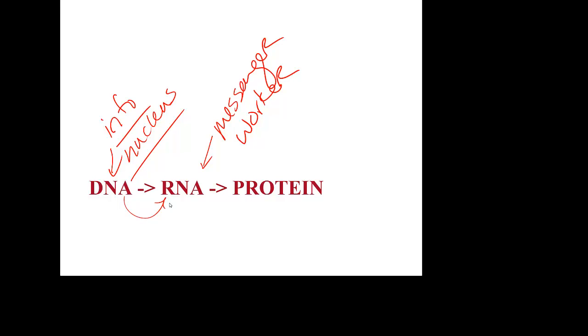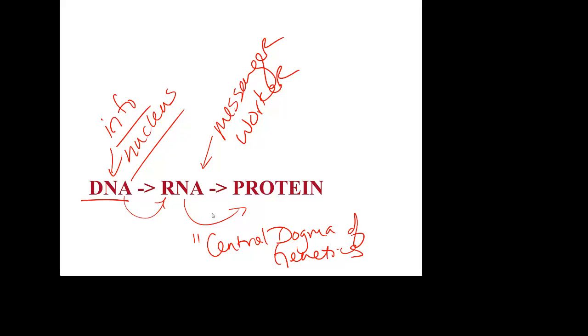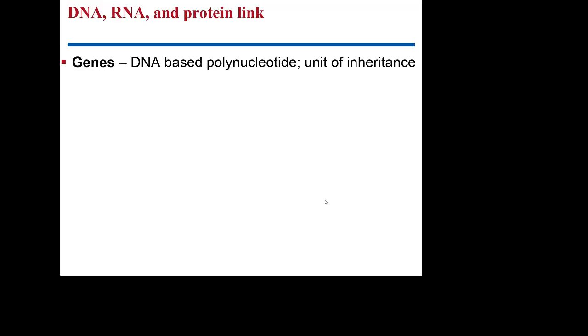The RNA carries that message, and then it forms a protein. So this is what is referred to as the central dogma of genetics. DNA gives information to RNA. RNA directs all of the mechanics in your cells to make proteins.